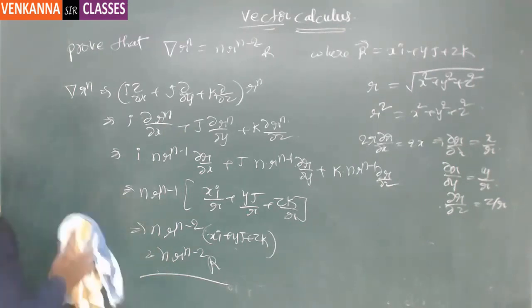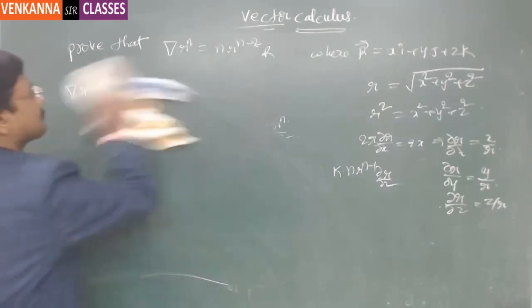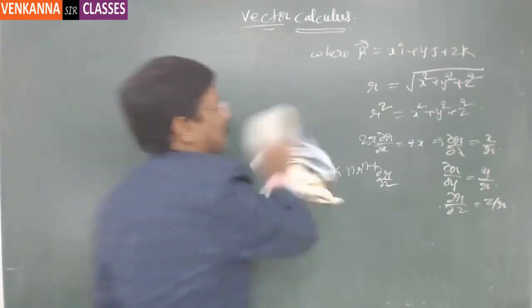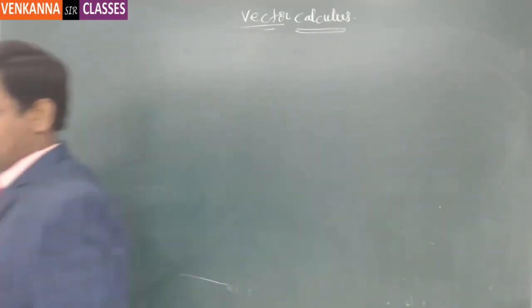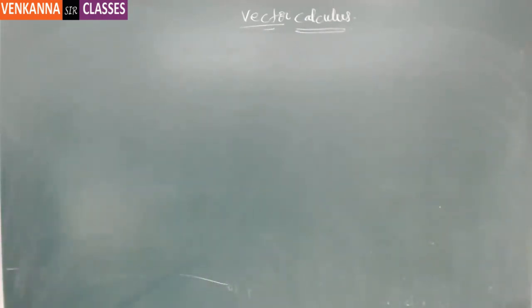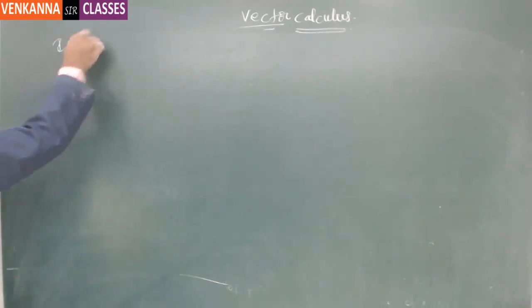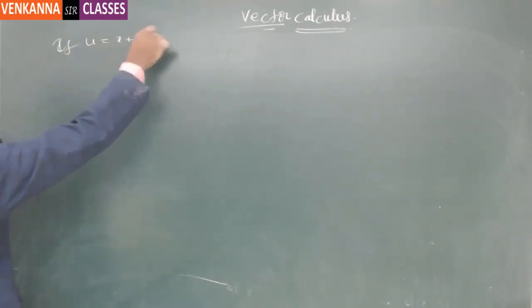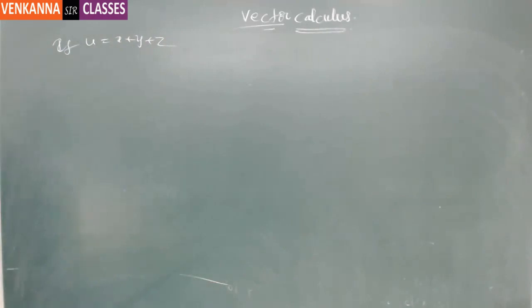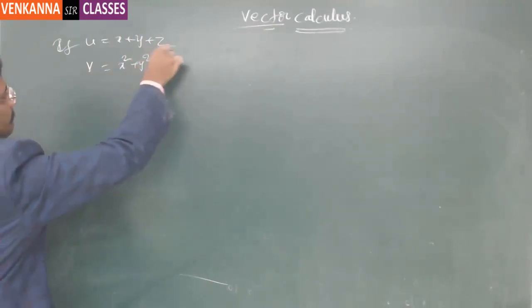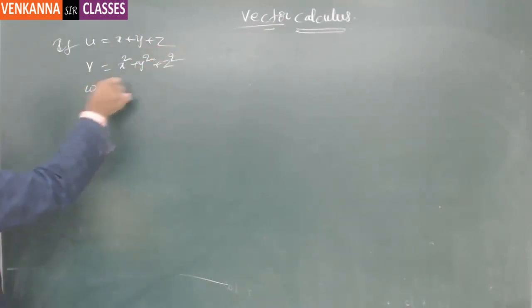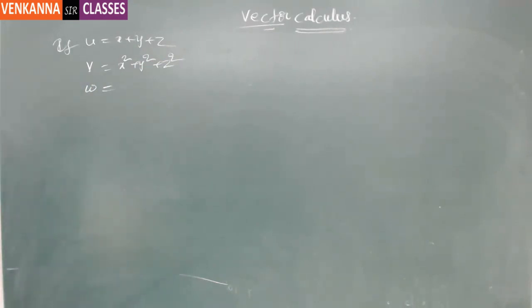Note down one more. If u is equal to x plus y plus z, v is equal to x square plus y square plus z square, and w is equal to yz plus zx plus xy.